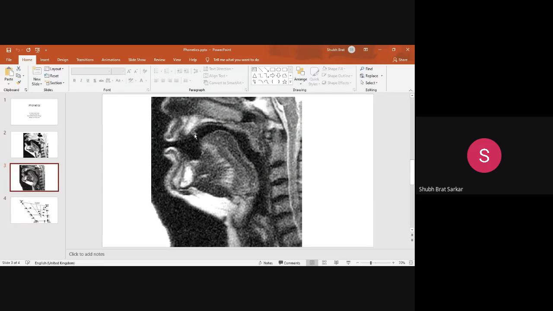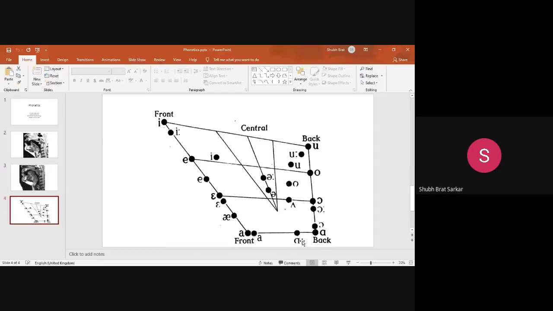So when the tongue is quite raised towards the passive articulator, we have the closed position.